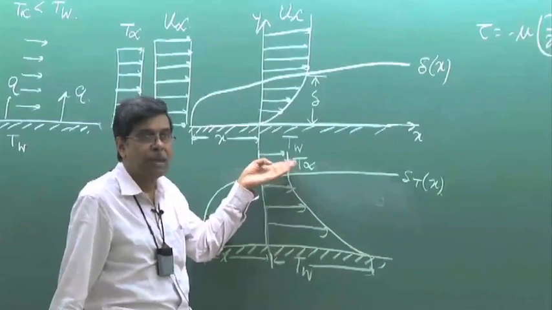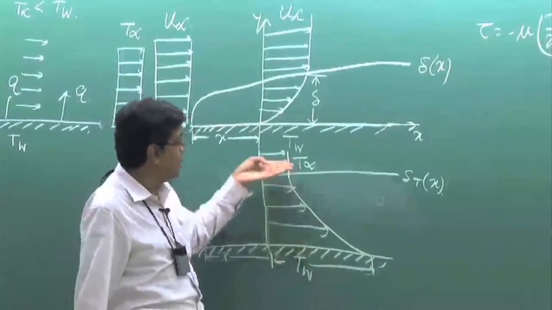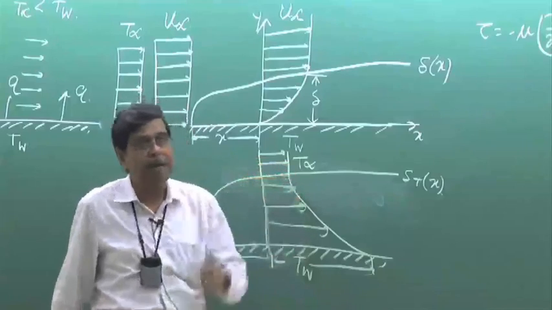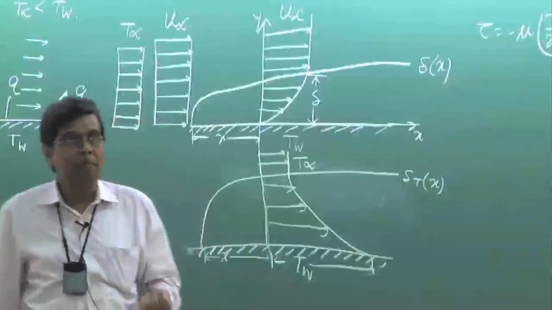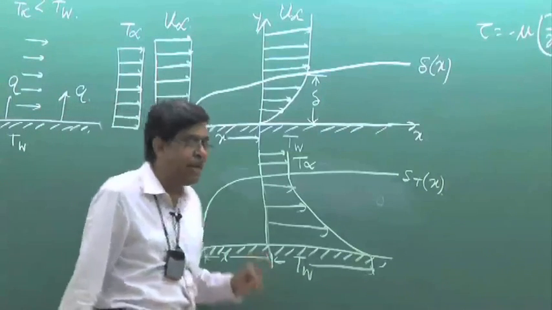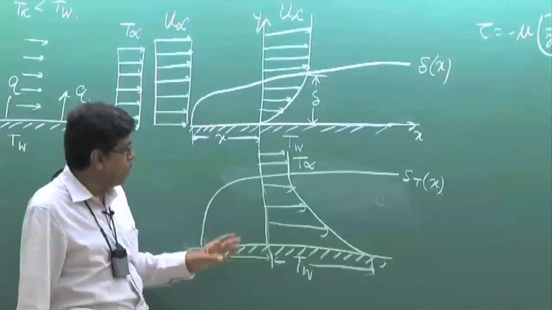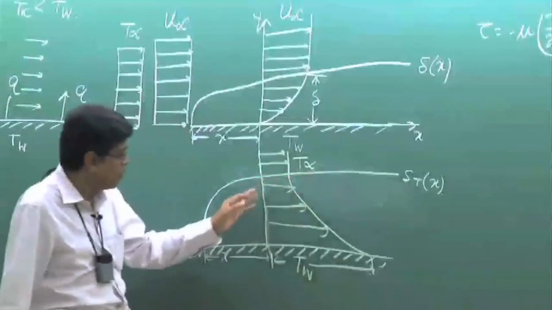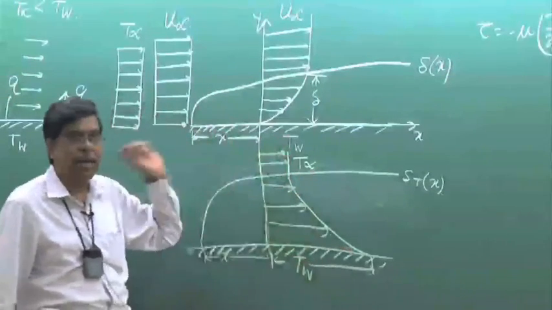At what distance the plate influences the free stream is determined mainly by thermal conductivity, and rho Cp, that means specific heat and the density. So depending upon these factors, a thermal boundary layer develops, which gives a temperature profile like this.